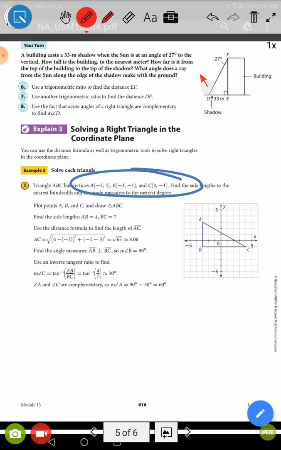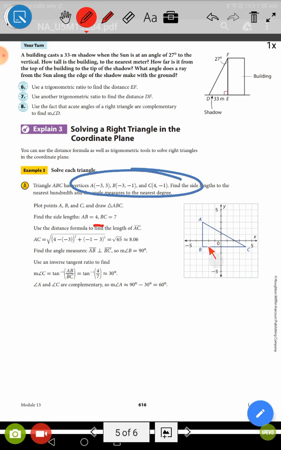Here it is vertical, so we can count 1, 2, 3, 4, so AB is 4, and BC is horizontal, so we can count 1, 2, 3, 4, 5, 6, 7, so it's 7. But that one we can't count, so we will use the distance formula to find it.